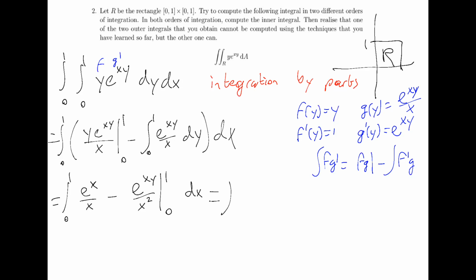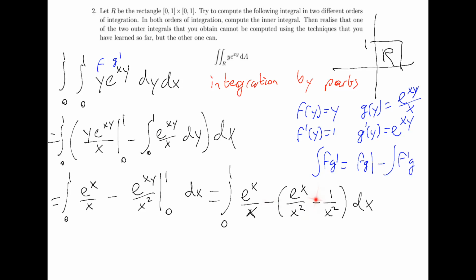Okay, let us continue. So let us leave the e to the x over x. And let us plug in y is 1 and y is 0. So if I plug in y is 1, I get e to the x over x squared. Minus, and if I plug in y is 0, I get e to the 0, which is 1. So what we can do now is take the two minuses together.